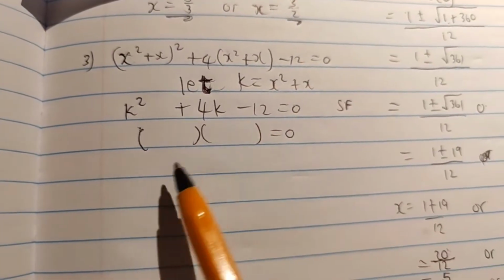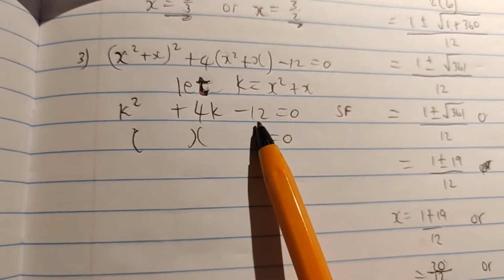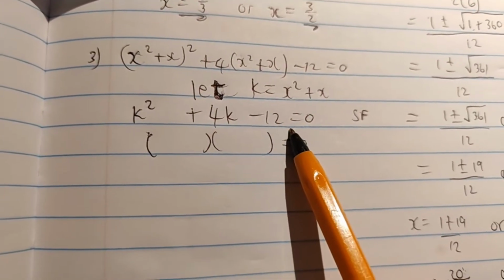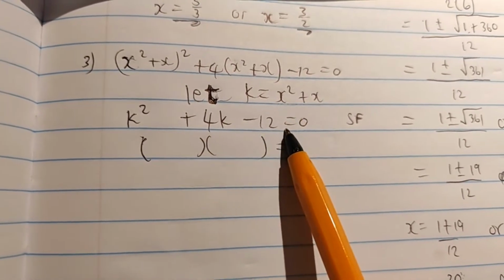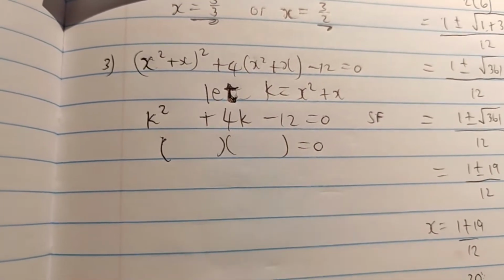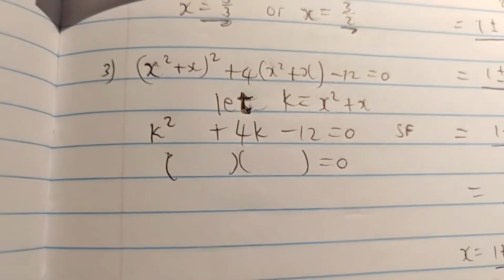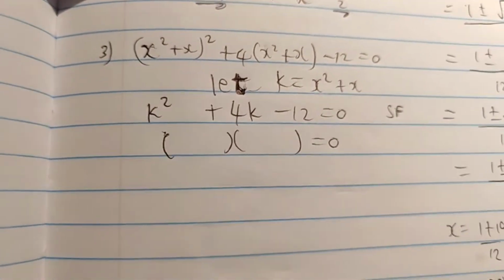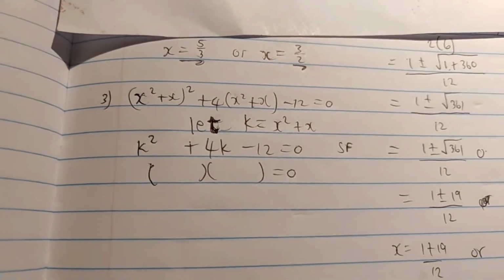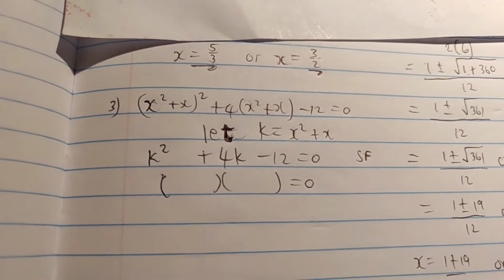Before we jump into opening 2 brackets, we must check if there are feasible factors of negative 12. We multiply them, we get negative 12. We add them, we get positive 4. If the factors exist, then we can open brackets. But if the factors don't exist, guys, we don't go ahead and open brackets, because that would be a waste of time.